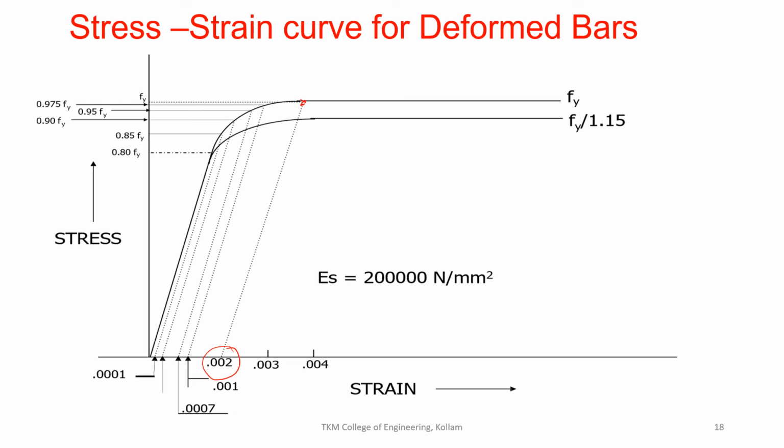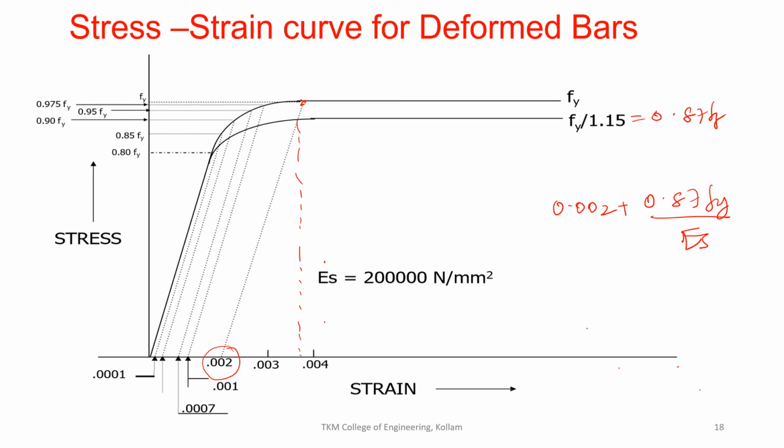Further, you will apply a factor of safety of 1.15, and you will get the design yield strength of HYSD bars as 0.87 Fy, and the strain corresponding to that value is 0.002 plus 0.87 Fy by Es.